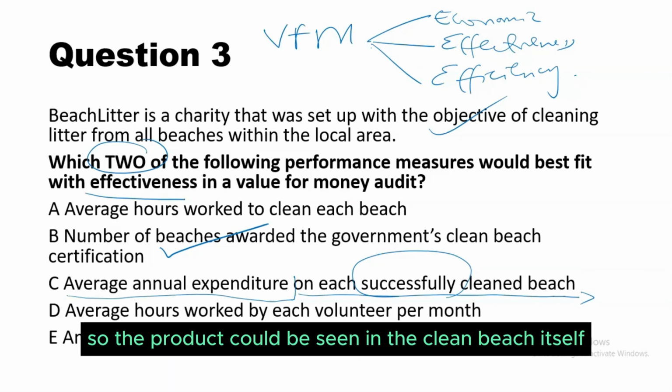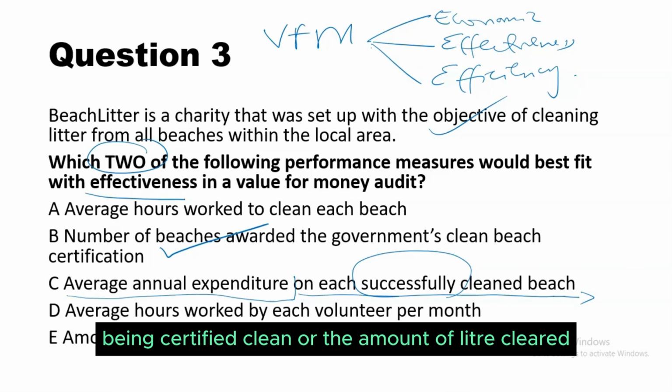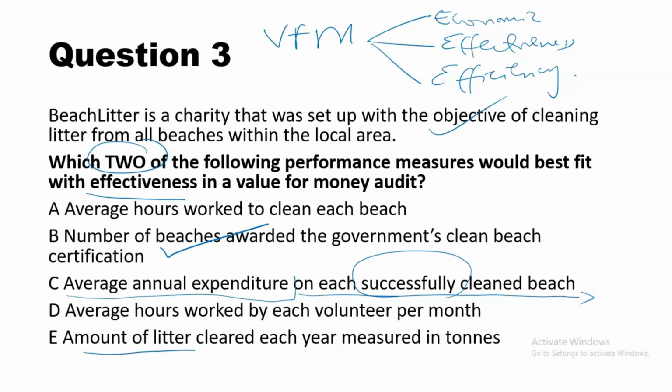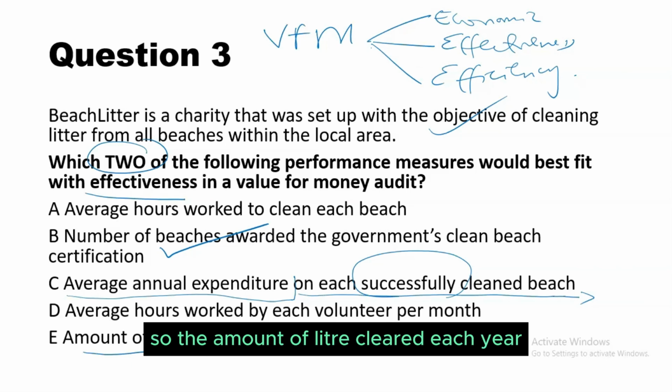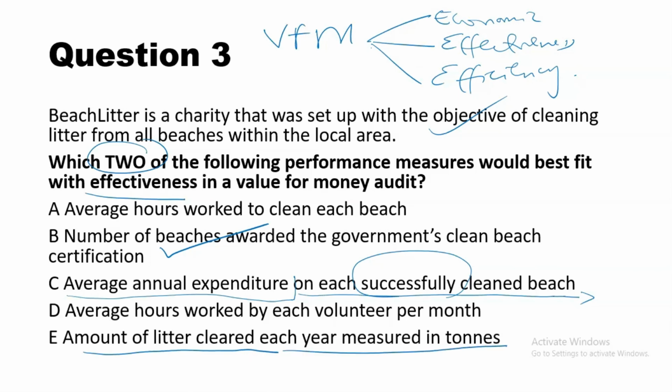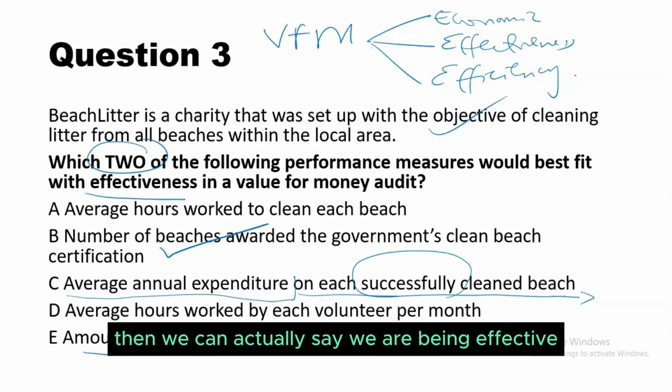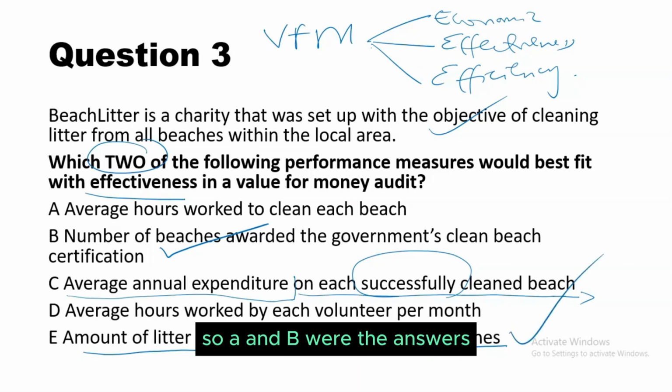So the product could be seen in the clean beach itself, or beaches being certified clean, or the amount of litter cleared. Because our objective was to clear the litter. So the amount of litter cleared each year measured in tons, then we can actually say we are being effective. So A and B were the answers.